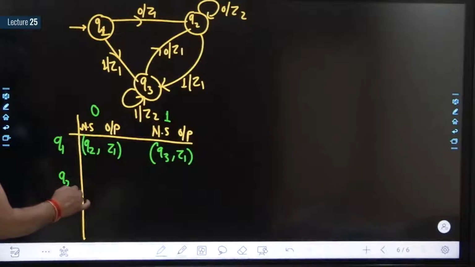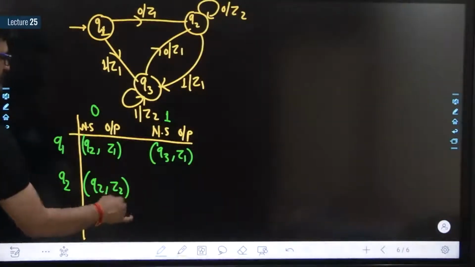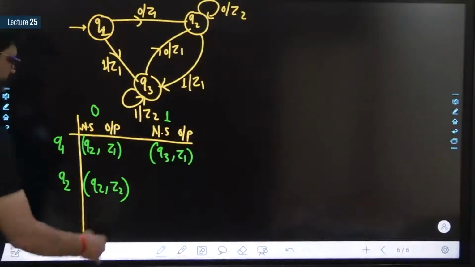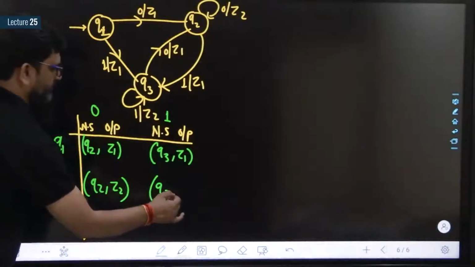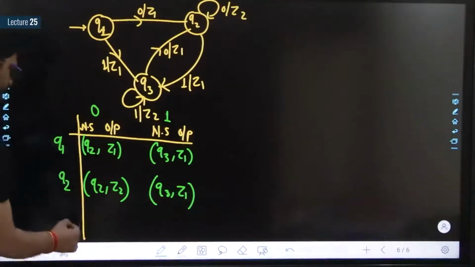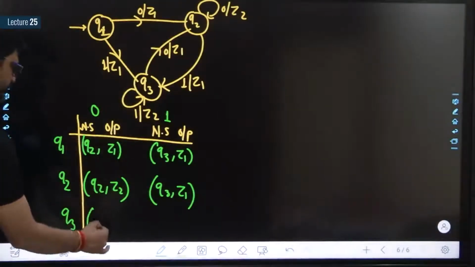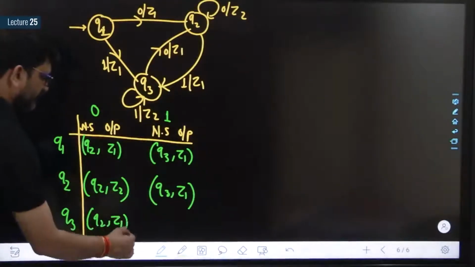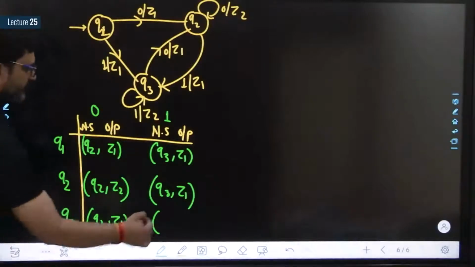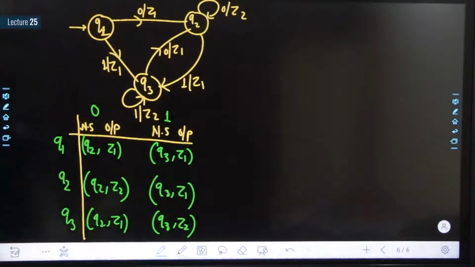Q2 on 0, Q2, output Z2. Q2 on 1, Q3, output Z1. Q3 on 0, Q2, output Z1. Q3 on 1, Q3, output Z2. This is the transition table for this Mealy machine.